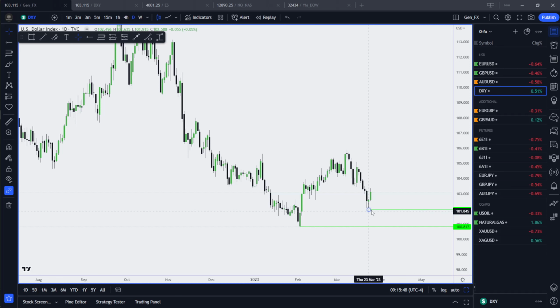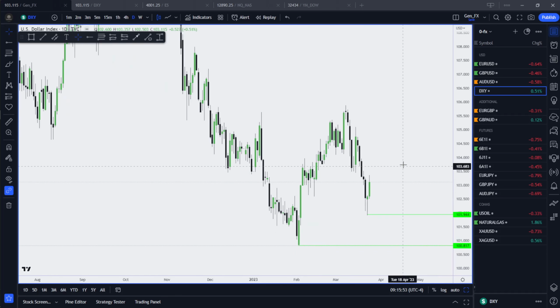First target will be these lows here, and what I don't want to see is that we go above the midpoint of this up close candle. Basically, I don't want that we close above 104.22.